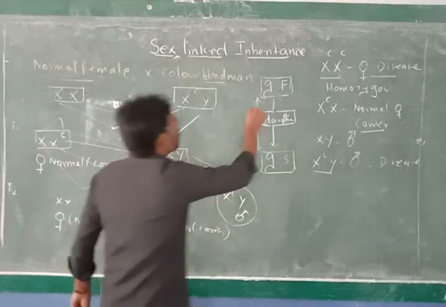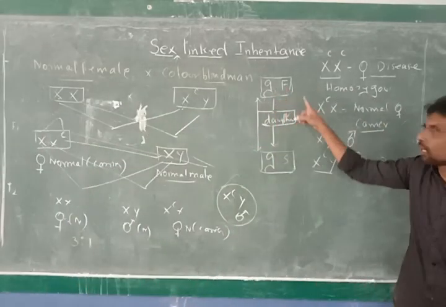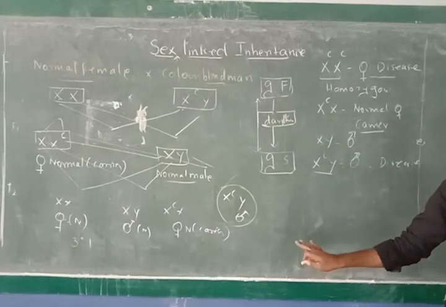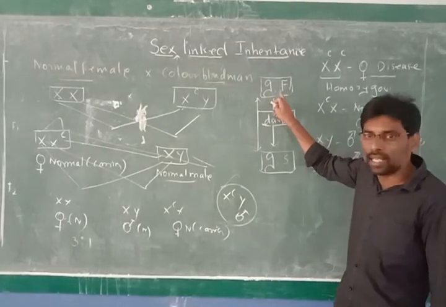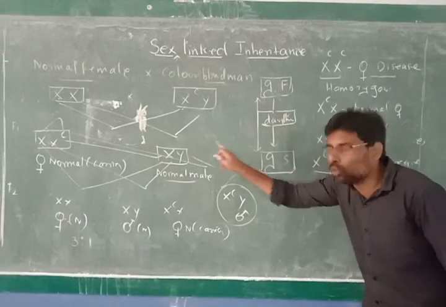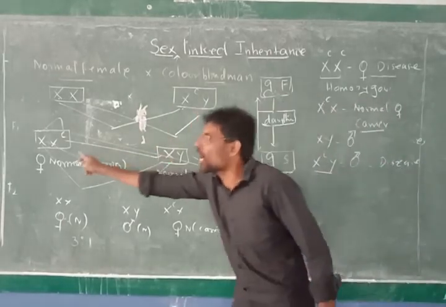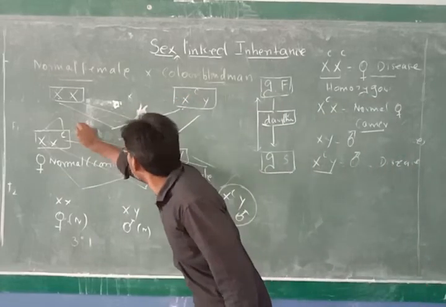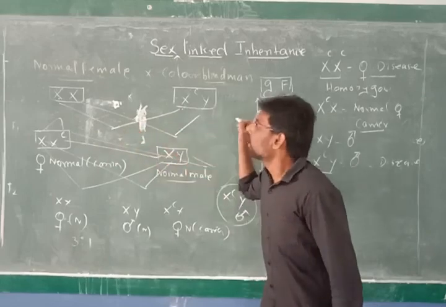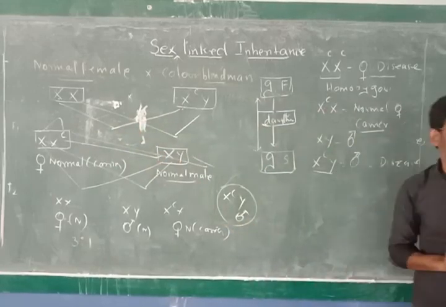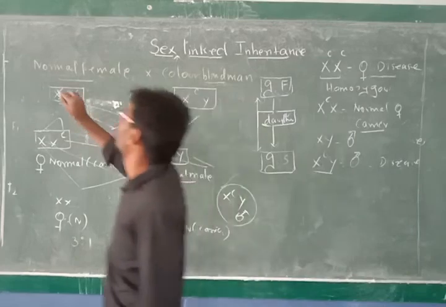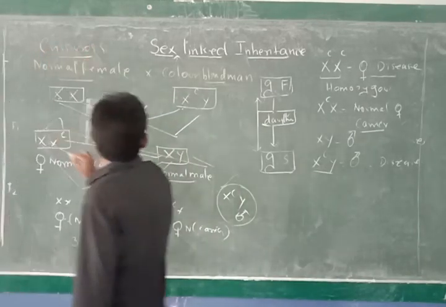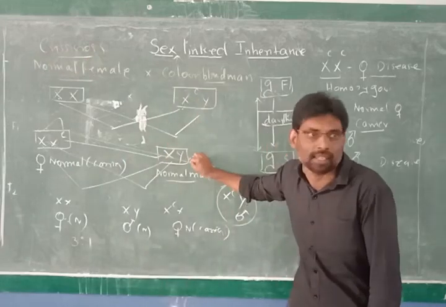So if a male has the disease, the female is not affected. Because the gene has passed to the daughter and comes here, it goes like this and comes like this. So this is called criss-cross inheritance. So color blindness is called criss-cross inheritance. In a sense, the grandfather is not sending it to the son directly.